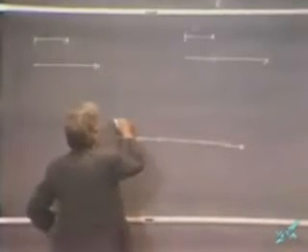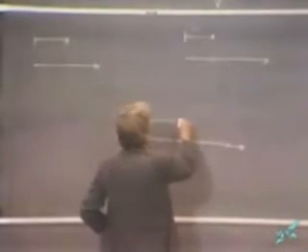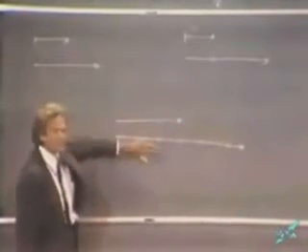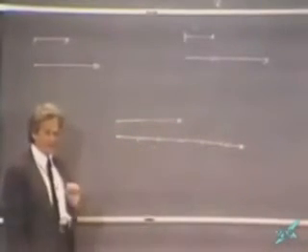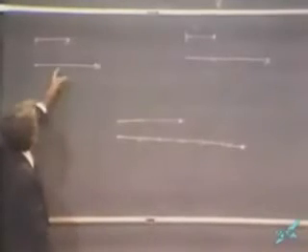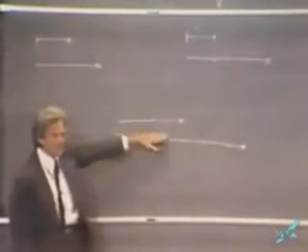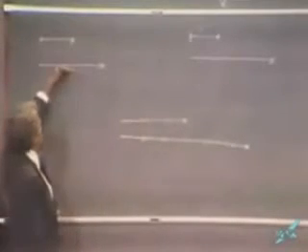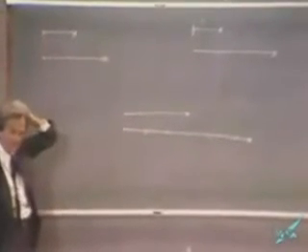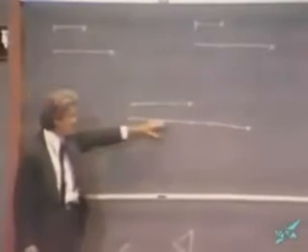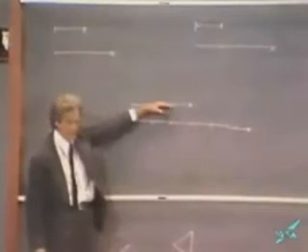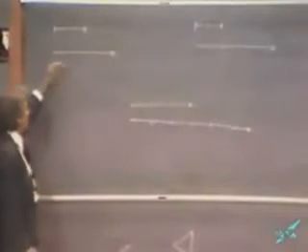The idea is that the 3 line that I had before bears the same relationship to the answer that I'm trying to get, the 6 line, as the 2 bears to the 1. 6 is twice 3 in the sense that this relative to that is the same as the 2 to 1. The idea is then that the answer of multiplication should bear the same relationship to one of the things you're trying to multiply as the other thing does to the unit.